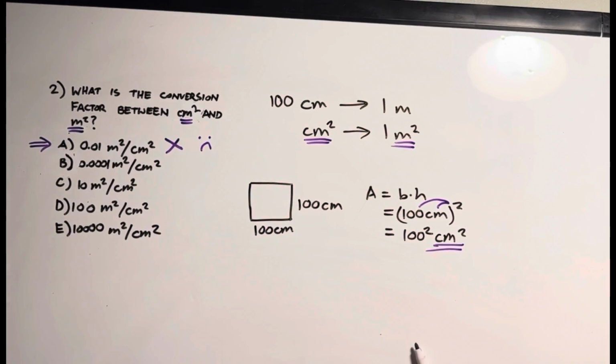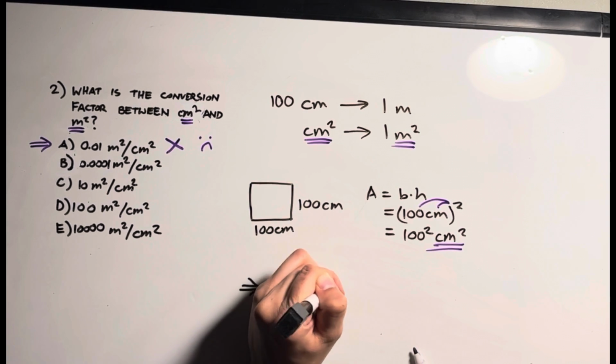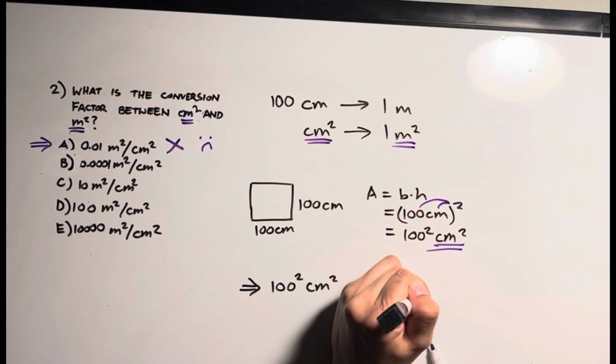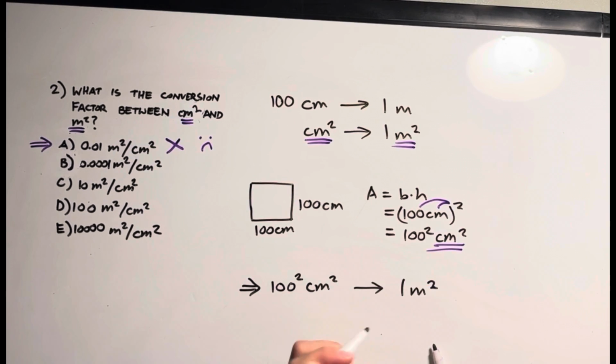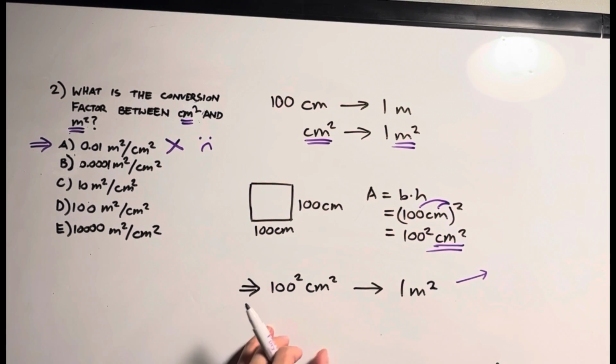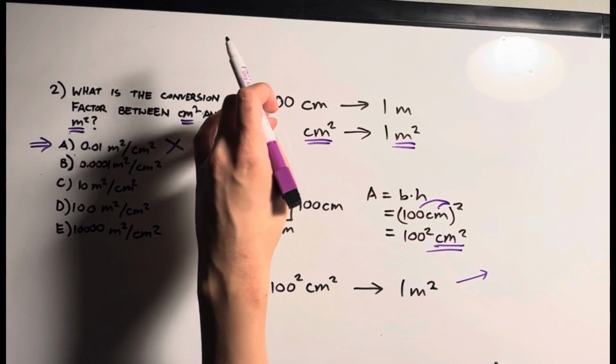So now let's jump back to where we originally were and say that if we had 100 squared centimeters squared, we would have 1 meter squared. How did we get our 1 meter squared? Well, you see over here, all we had to do was square our original value.